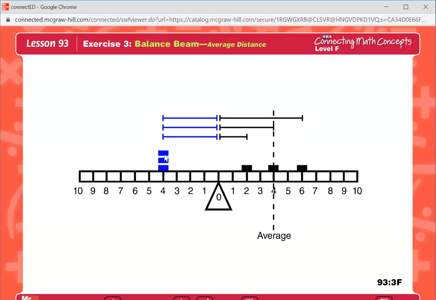Because what is 4 plus 4 plus 4? 4 plus 4 plus 4 equals 12. Both sides have the same total distance, so now the beam will balance. Next slide.